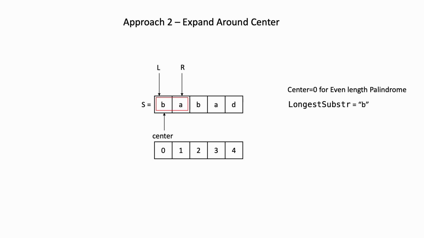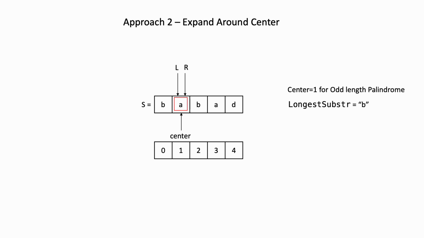For the same center equal to 0, now we want to track even length palindromic substrings. We do this by initializing left to center and right to left plus 1. The current substring is BA, which is not a palindrome, so we ignore the current substring and also ignore expanding the pointers.